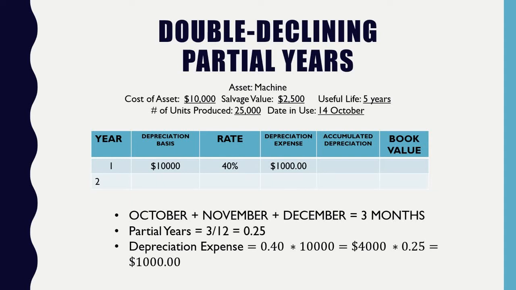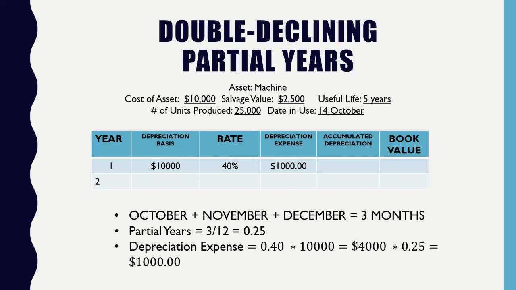I could take my 4,000 and divide it by 4, or multiply it by 0.25, or I could take my rate and also divide that by 4, so it's 10% of the rate.